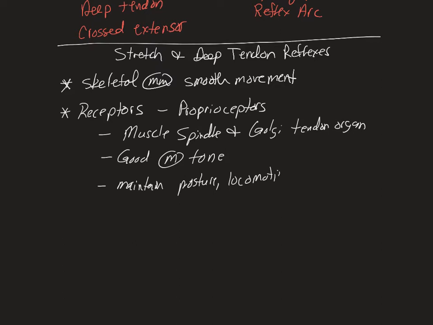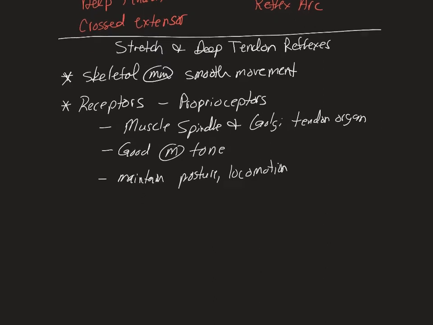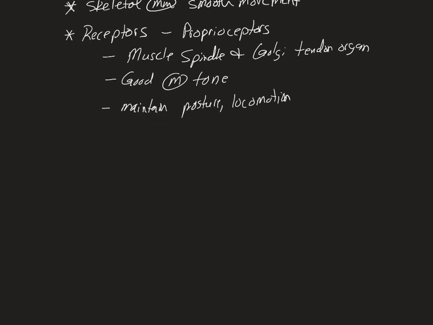It just keeps everything moving smoothly so that you don't actually have to think about what you're doing. It just reflexively does it, okay? So both of these, as I said, let me just put it in here so it's in writing. It informs the central nervous system about basically skeletal muscle stretch and contraction.